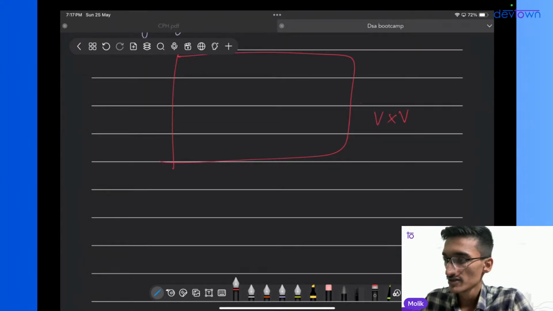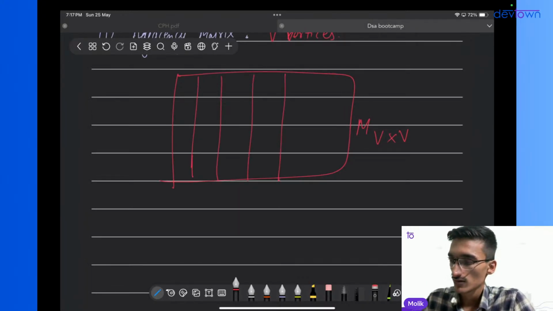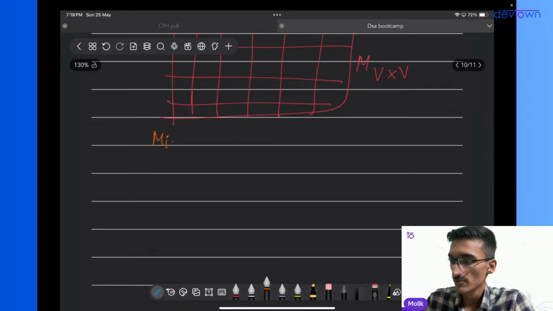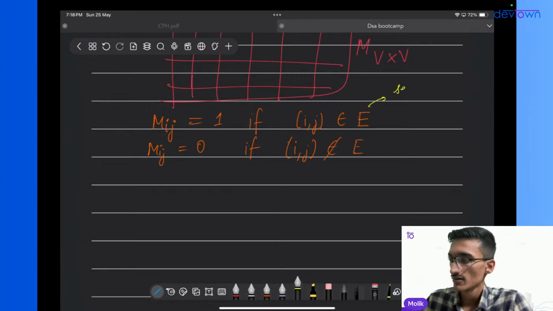This is a matrix M which is V cross V, and you will fill this matrix as follows: Mij will be equal to 1 if (i, j) belongs to E. Mij is equal to 0 if (i, j) does not belong to E, and E is the set of edges.